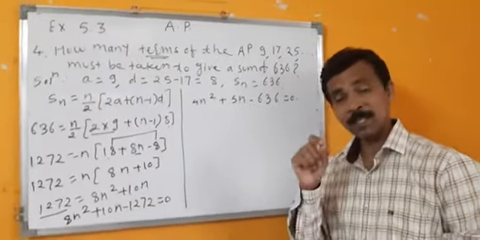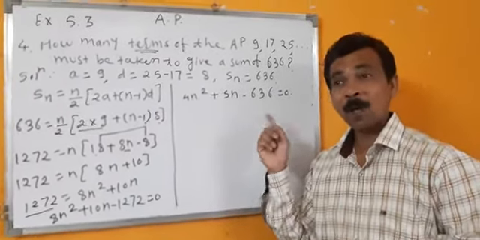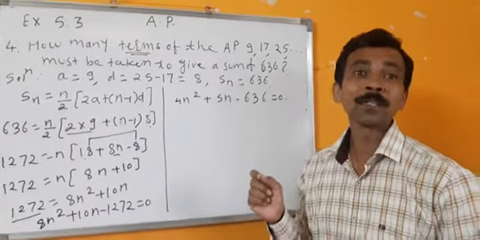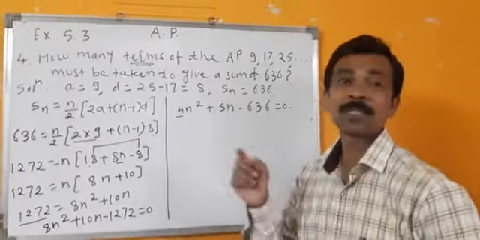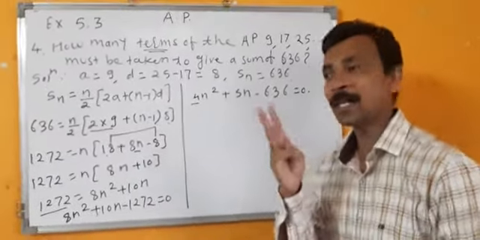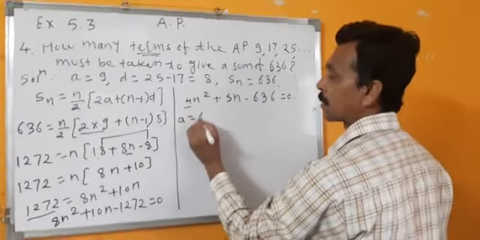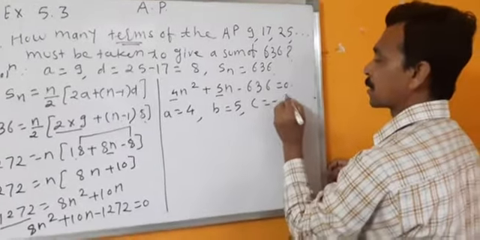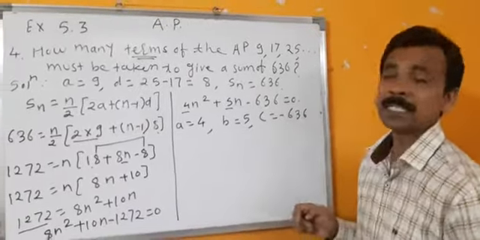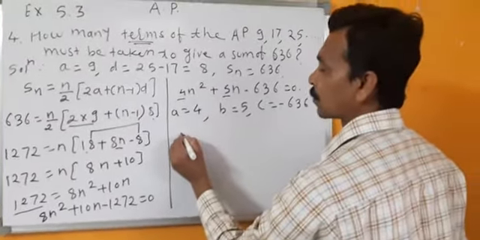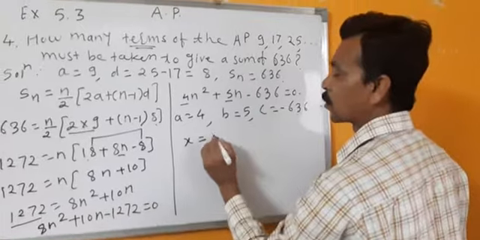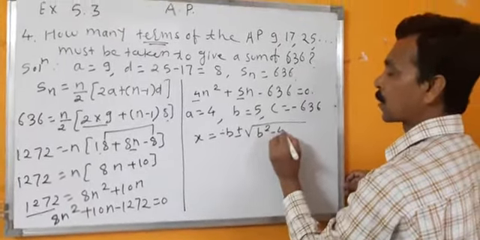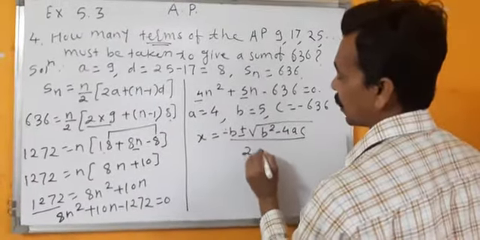Here we can use splitting the middle term, or else we can use one more formula, the quadratic formula. First I will write the values of a, b and c. The value of a is 4, b is 5, c is minus 636. The quadratic formula is x is equal to minus b plus or minus under root b square minus 4ac upon 2a.